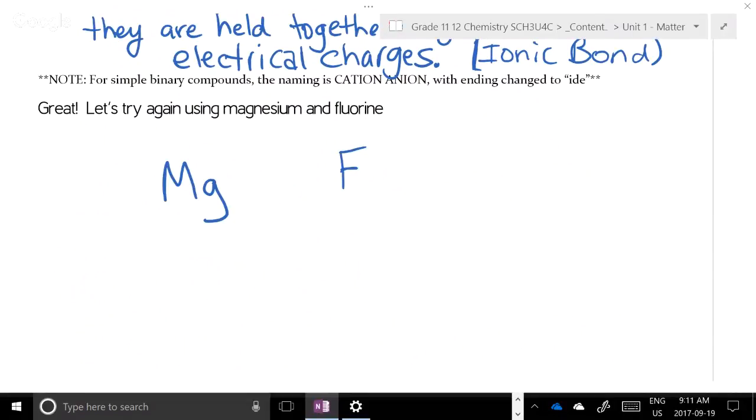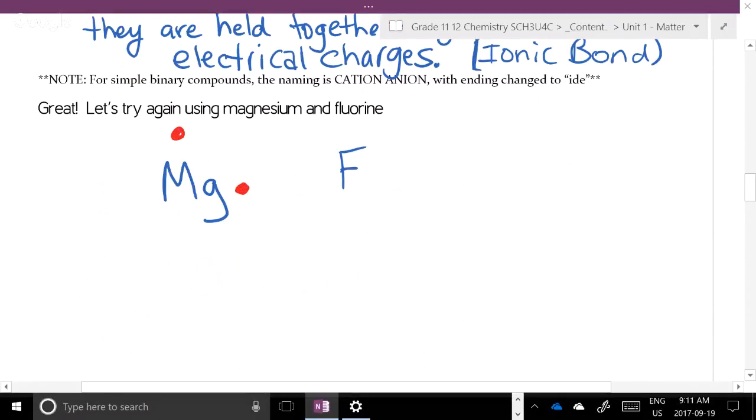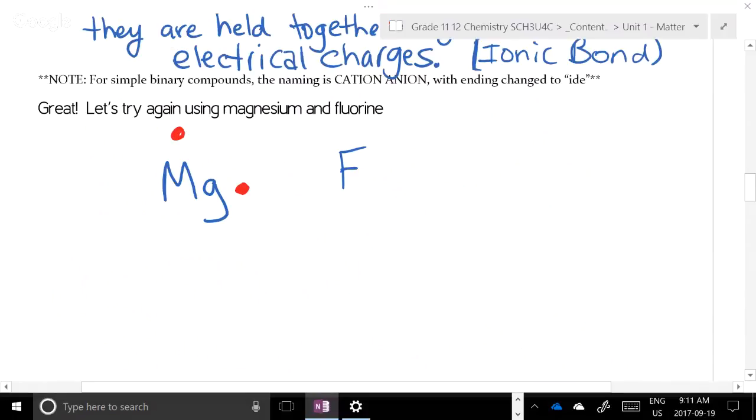Very good. So magnesium has 2 electrons, and fluorine has how many? 7. Good. Okay. What is going to happen here?